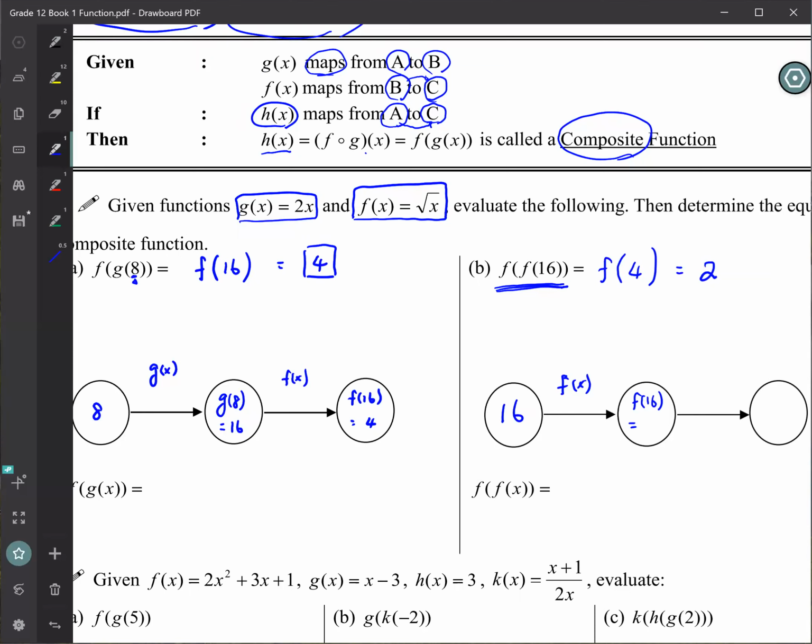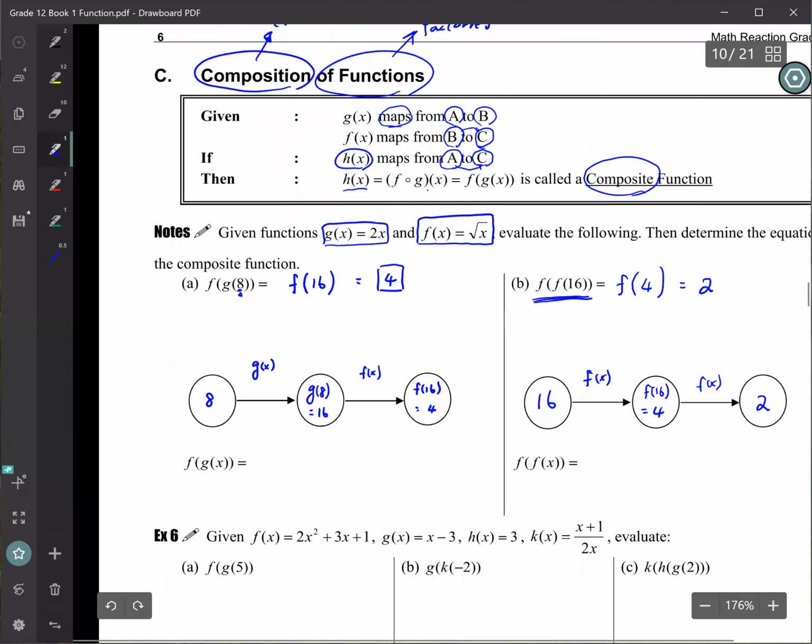Because it says f of x is the square root of x. And then you square root 16. Okay, very good. And then the 4 will continue to go into the f again. And what will come out at the end? 2. Yes, okay, very good.